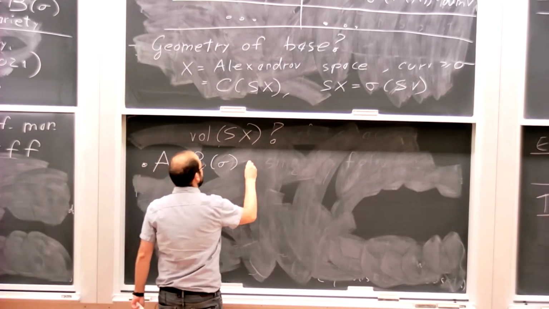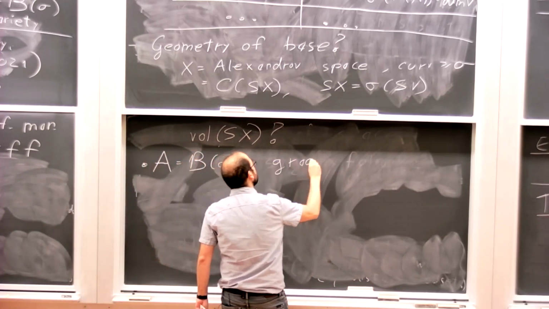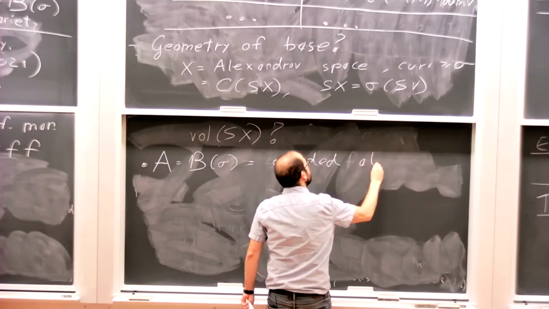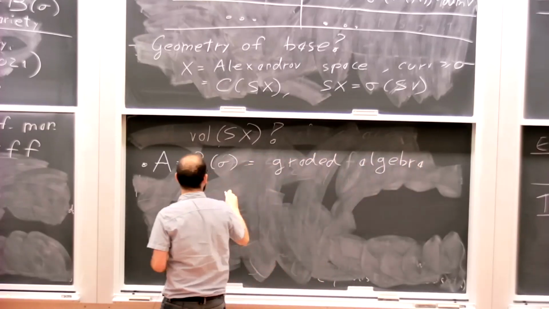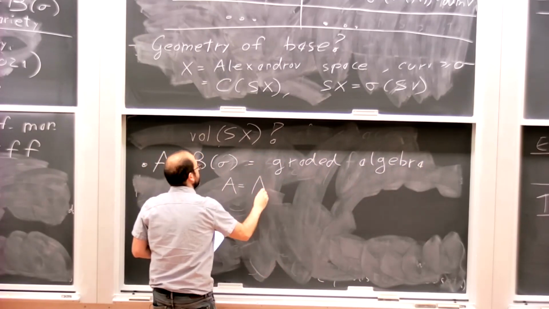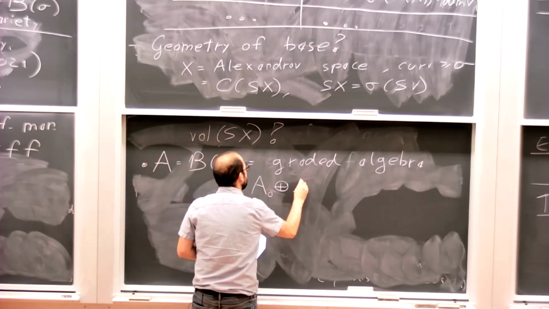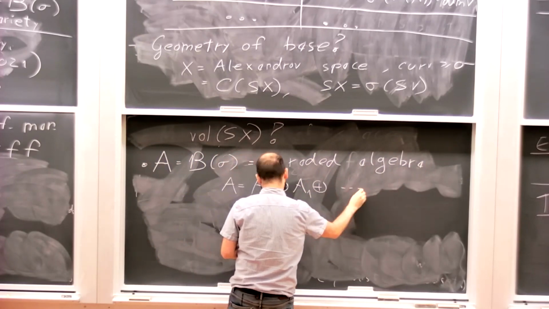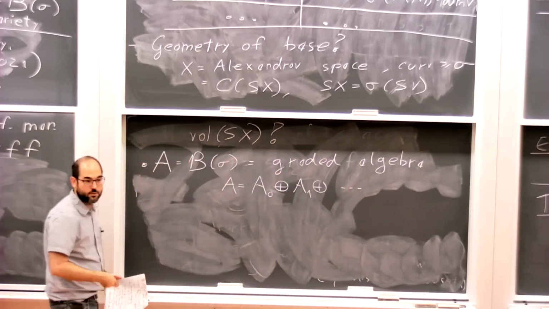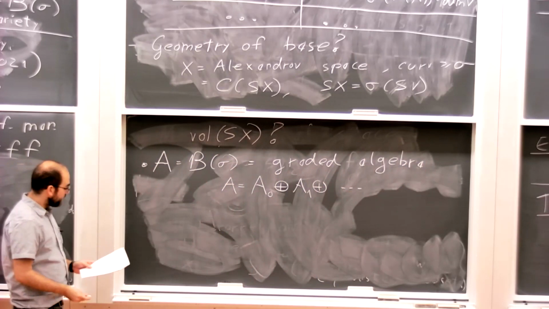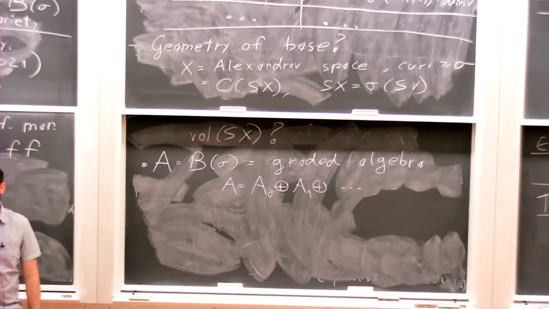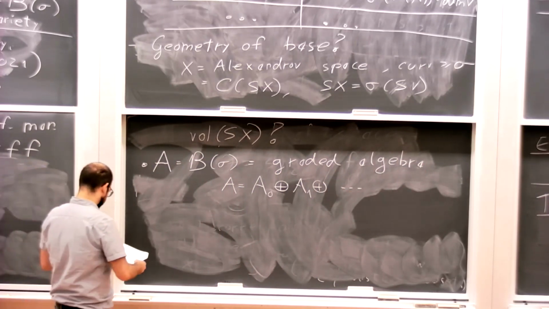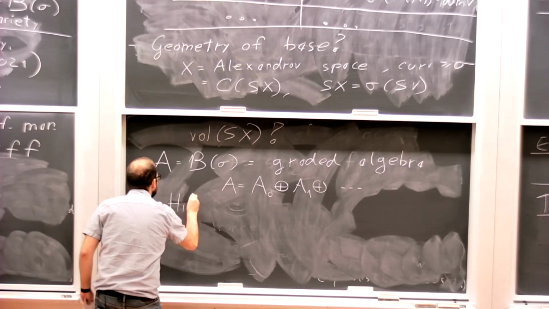This is a graded algebra: there's a degree 0 part, a degree 1 part, etc. Homogeneous polynomials of degree 0, 1, etc. From this, whenever you have a graded algebra, you can consider a counting function, the Hilbert series.